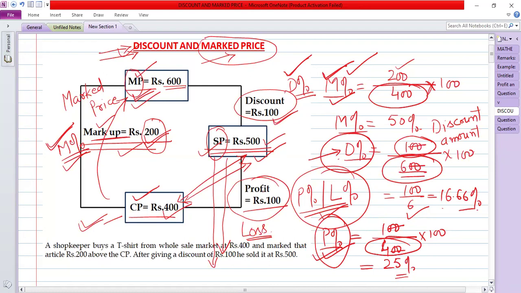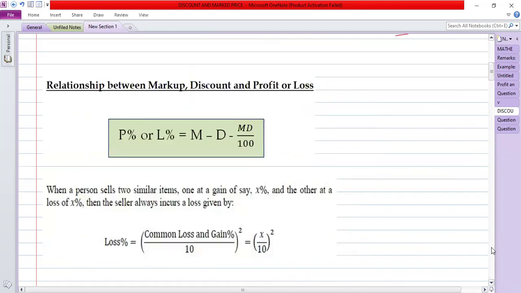So now, these three percentages can be related by a formula, which is given here. Profit percent or loss percent equals M percent minus D percent, minus MD by 100.